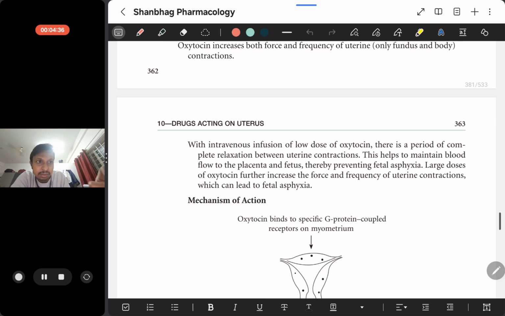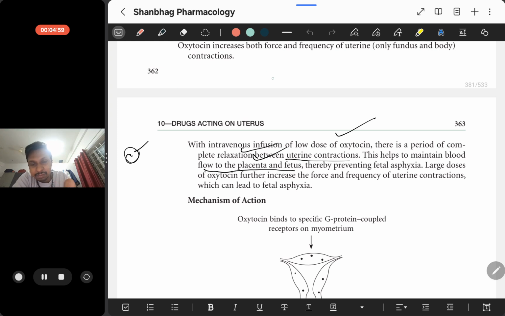Then what they say is, with intravenous infusion of a low dose of oxytocin, there is a period of complete relaxation between uterine contractions. This helps to maintain the blood flow to the placenta and fetus. Only a little dose of oxytocin helps the maintenance of blood flow between the placenta and the fetus.